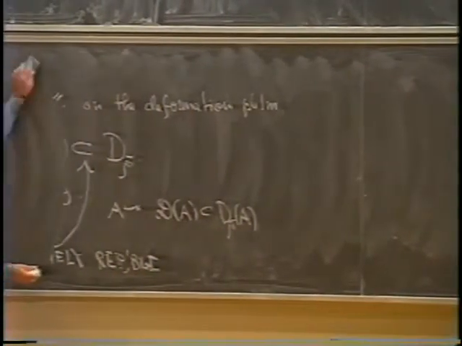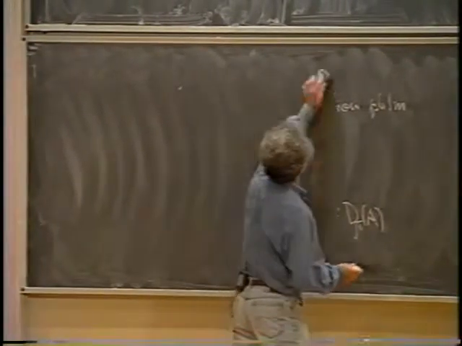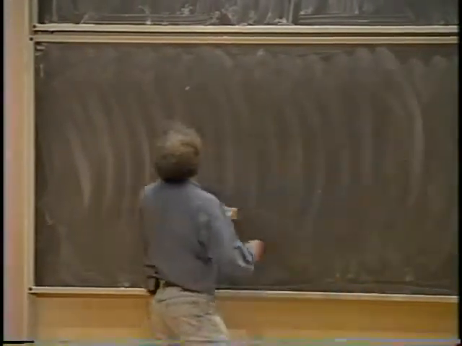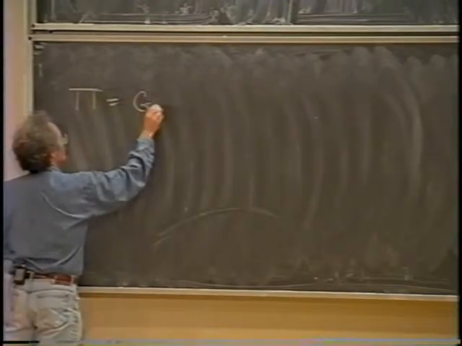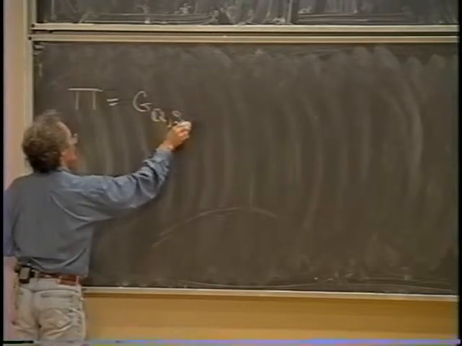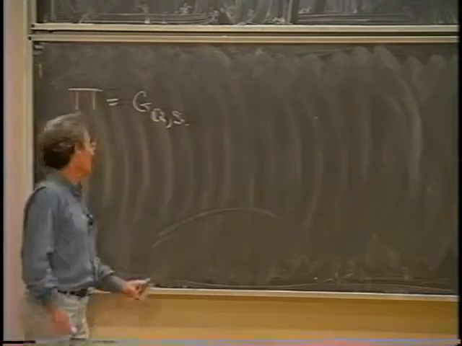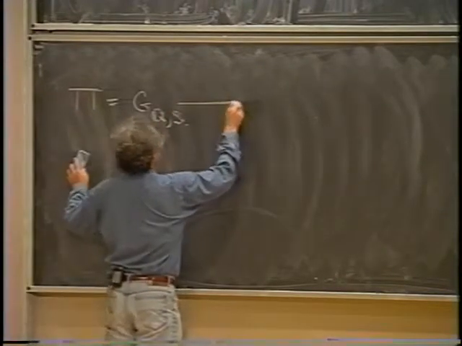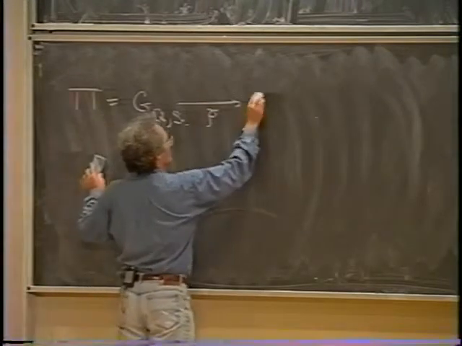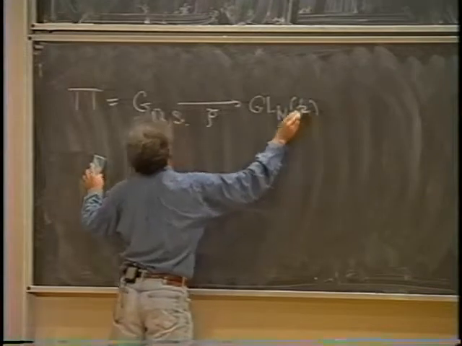Okay. Now, what I would like to do is pass to the global situation. So I want to take for my pi G_{Q,S}, the Galois group of the maximal extension of Q unramified outside S. I take rho bar, any continuous representation of G_{Q,S} to GL_N of k.